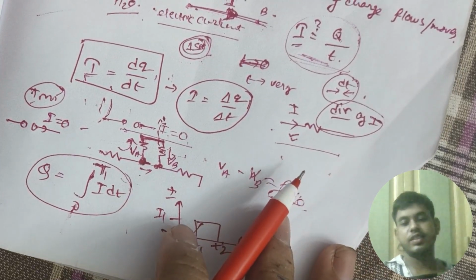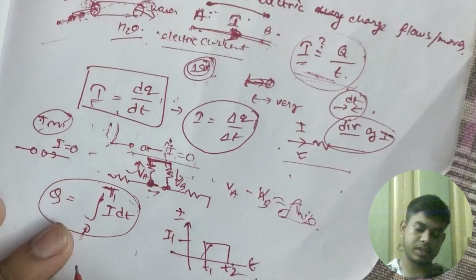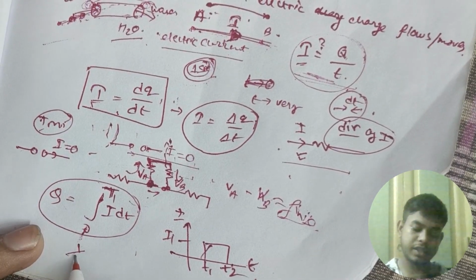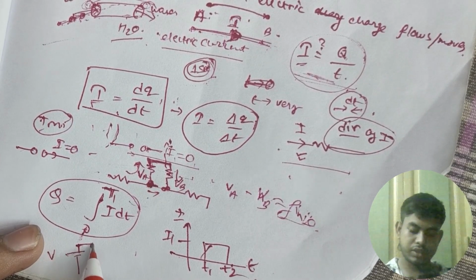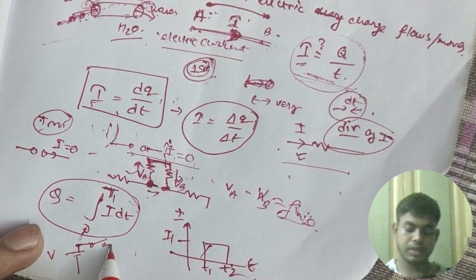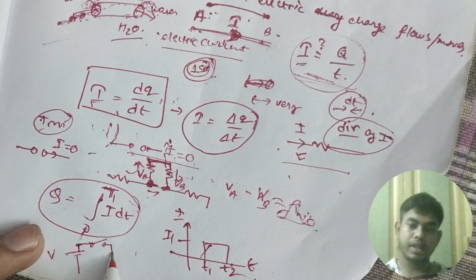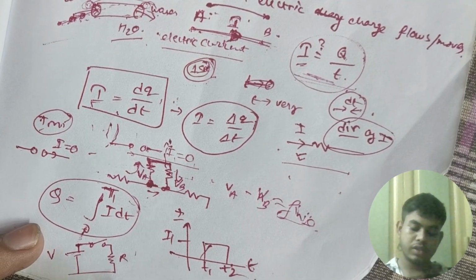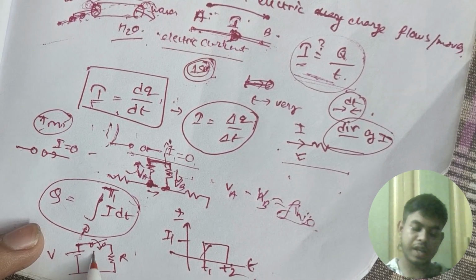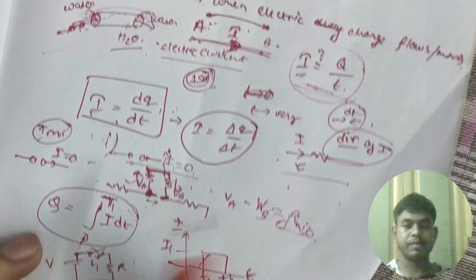Let's suppose there is a voltage and a switch. Then you can connect the resistor over here. This switch closes at time t1 and opens at time t2.